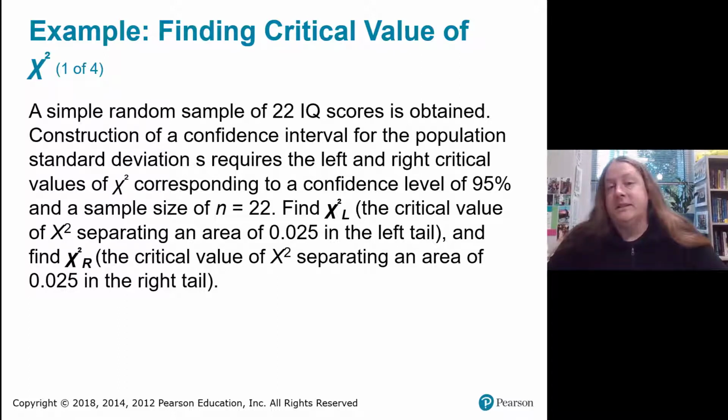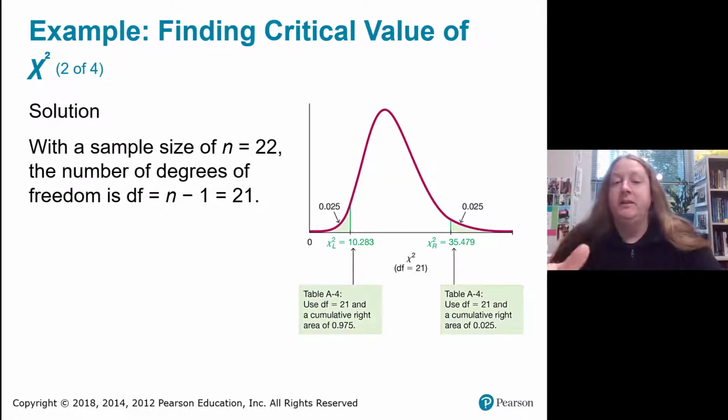And the one that's the right, or the upper one, we're looking for an area of 0.025 in the right tail. So the picture of what that looks like here is we have our chi-squared distribution drawn there, and we're looking for these two values that give us the same areas in tails that are different shapes. Because it's not symmetric, it's actually skewed to the right.